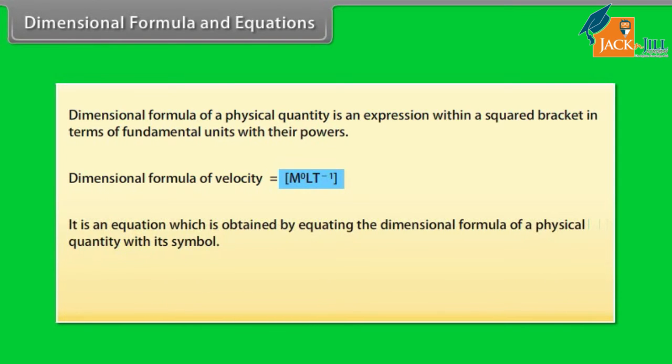Dimensional equation is an equation which is obtained by equating the dimensional formula of a physical quantity with its symbol. Let us take an example. Dimensional equation of velocity is V is equal to under brackets M to the power 0 L T to the power minus 1.